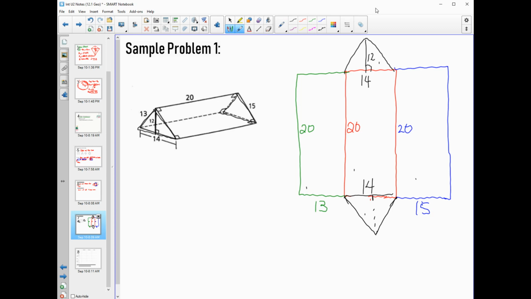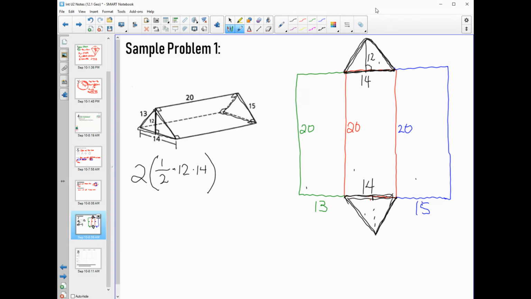So let's first look at these two triangles. These two triangles that I have in black here, I have two of them. So I have 2 times 1/2 times 12 times 14. I know I could have done 6 or 7. I'm leaving it in this way for a reason.